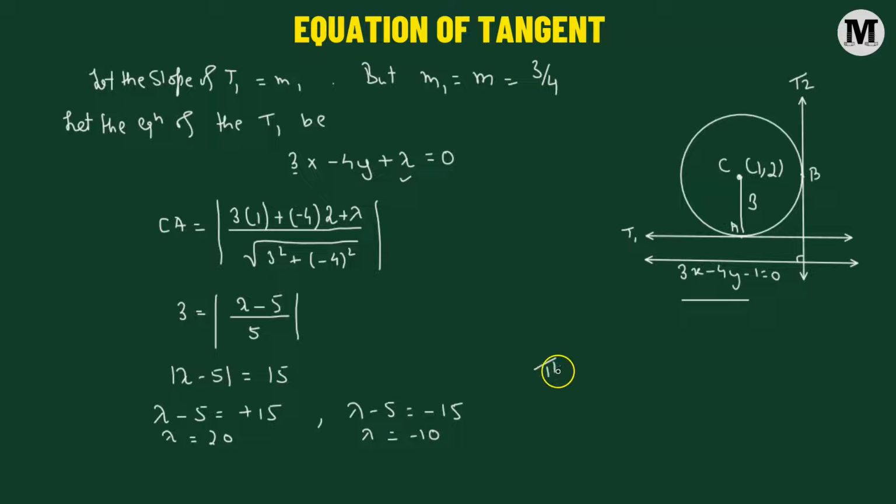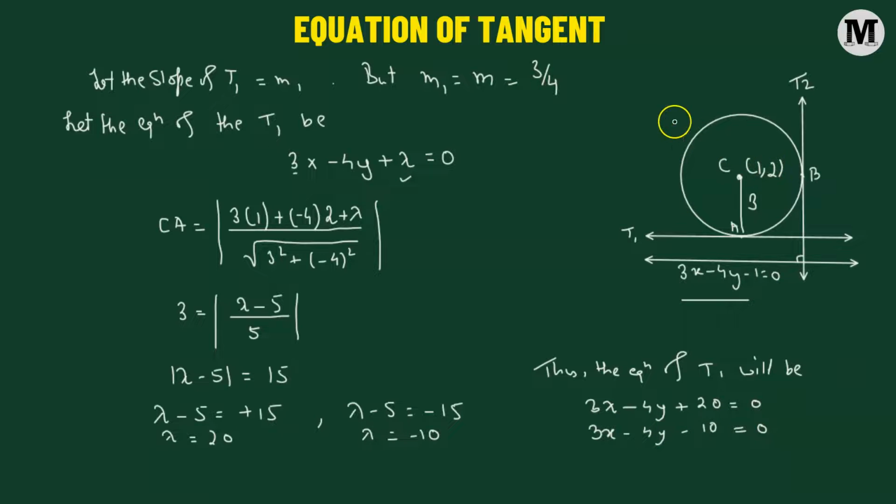Therefore, the equation of the tangent T1 will be, we have two such tangents. One of the tangents is going to have the equation 3x minus 4y plus 20 equals 0, and the other equation will be 3x minus 4y minus 10 equals 0.